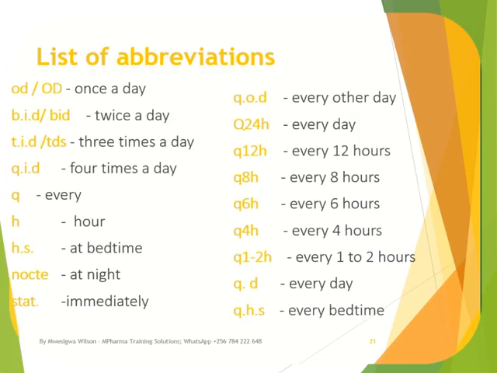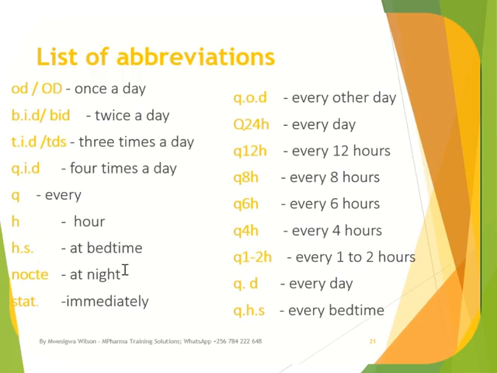This is just a repetition: OD, once daily; BID, twice a day; TDS. We have seen where they are coming from, Latin. QID, 4 times a day. Q, we know them.